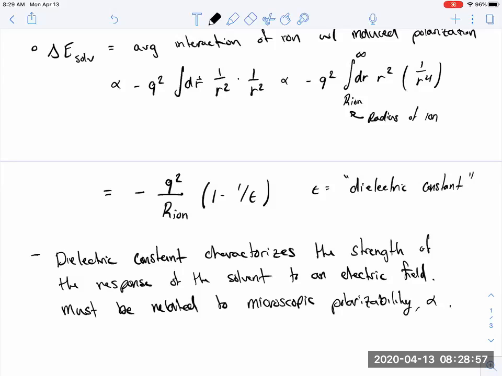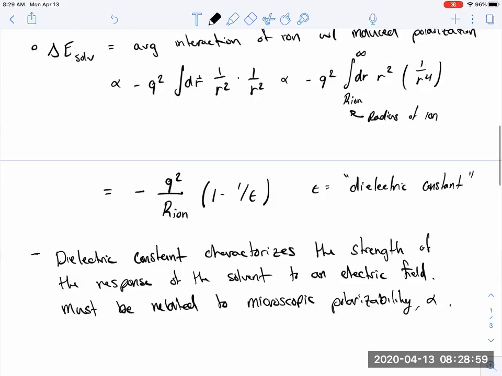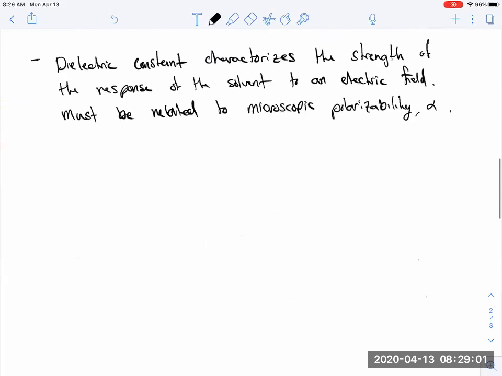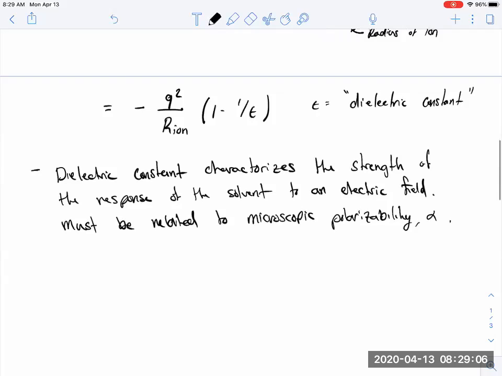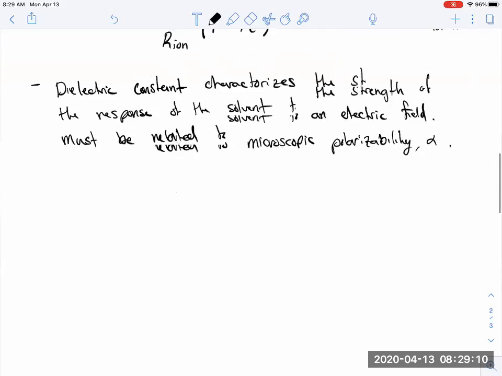And we ended last lecture by a little bit of a discussion as to this dielectric constant, what its scale is. It's something which, if you see in this equation, has to be unitless, because the 1 in that parentheses is unitless.